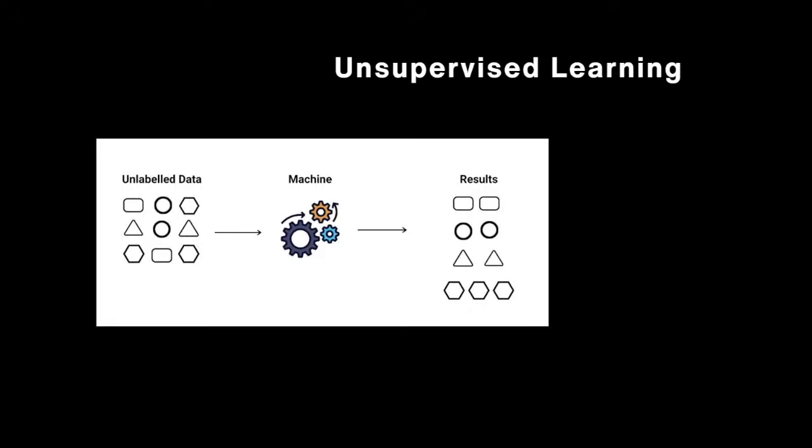Based on the patterns the machine understands, it can suggest a number of recommendations from unlabeled data. Unsupervised learning is used in Instagram, Facebook, and YouTube recommendations. If people are interested in watching different kinds of content, the platform recommends things based on their interest by using unsupervised learning.